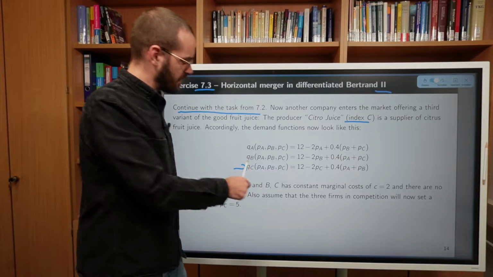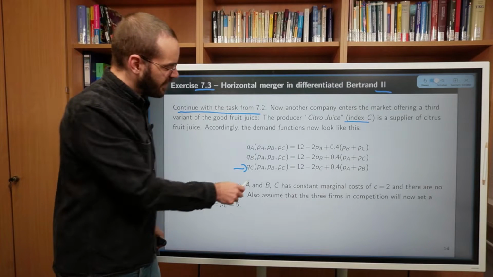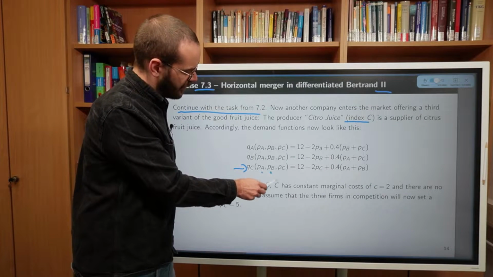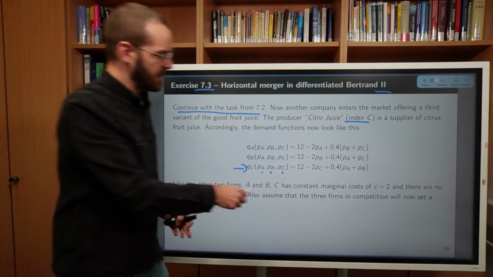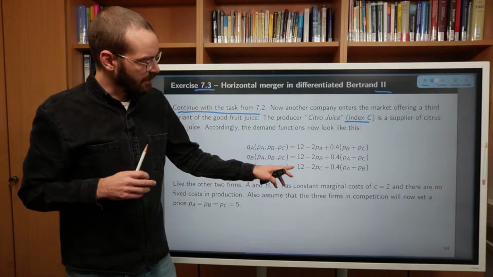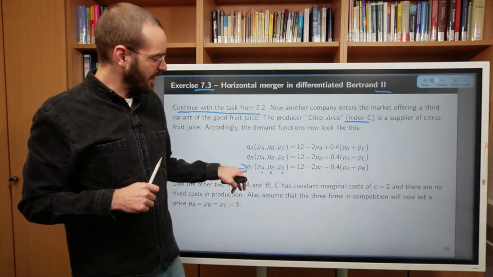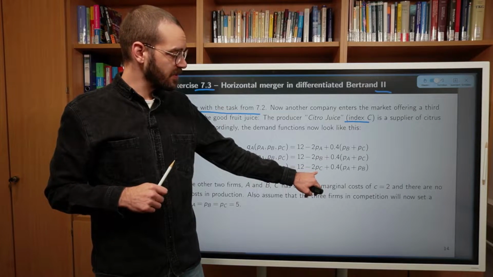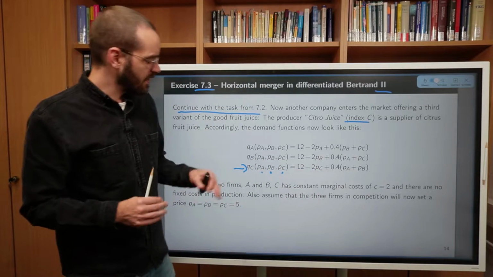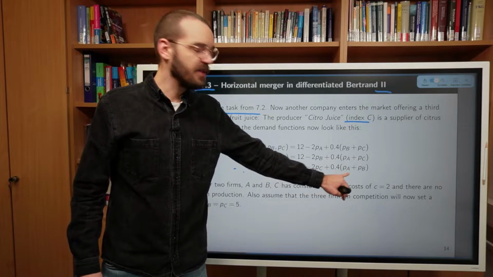Let's consider the demand for good C. It is a function of the price of good A, the price of good B and the price of good C. Looking at the demand function itself, we see that the demand for good C is decreasing in the price for good C, and at the same time increasing in the price for the other two goods.